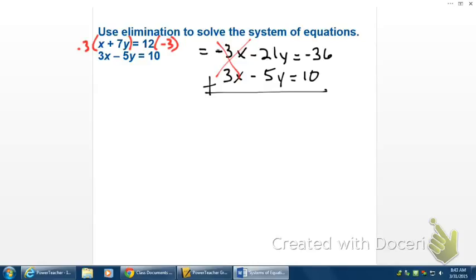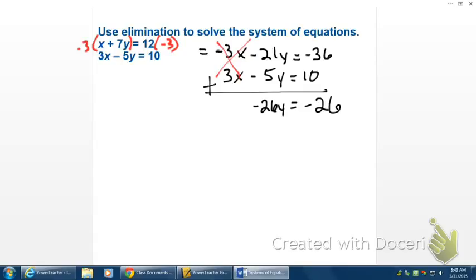Now, negative 21y plus a negative 5y, well, that's just going to give me negative 26y, equals negative 36 plus a positive 10 gives me a negative 26.